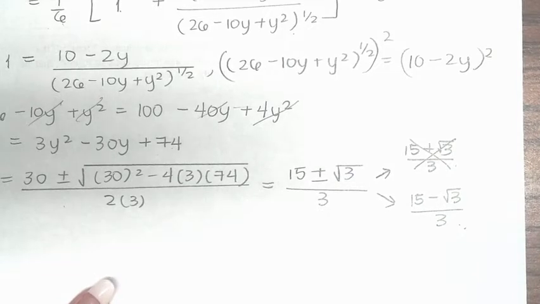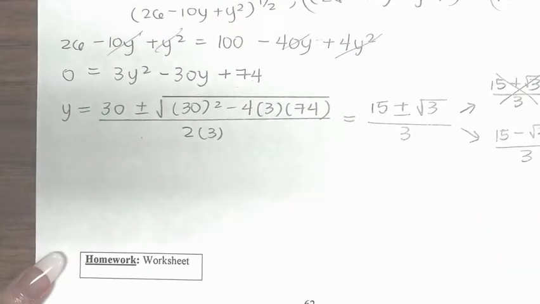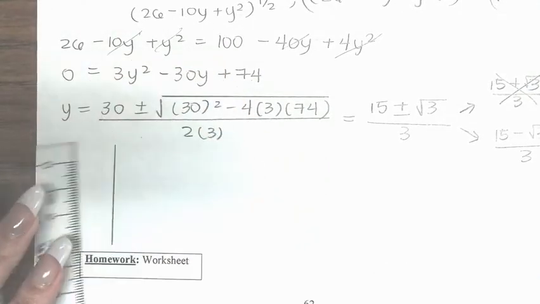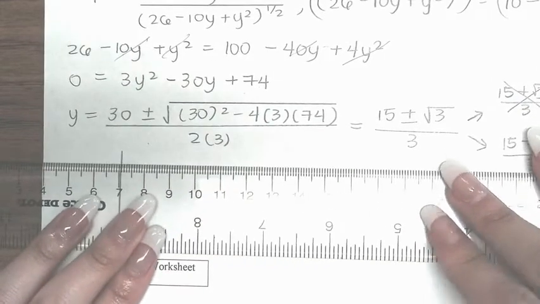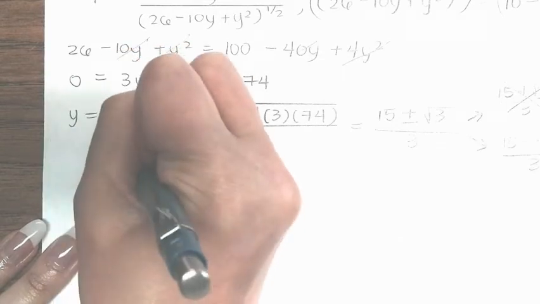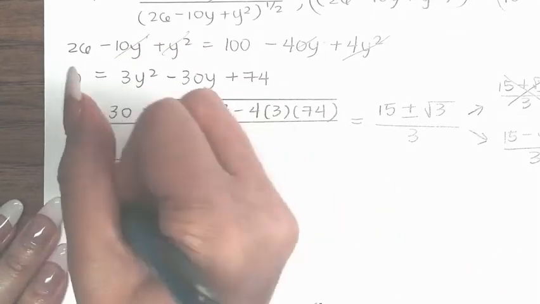Okay, so at that point you are going to do your EVT table. I'm going to do my little table here. I'm going to have my y and my T of y. Here I'm going to put my extremes.